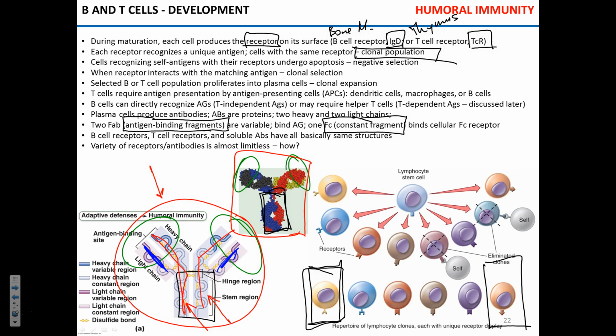This is going to be another clonal population. Do I make sense? Okay? So each of these bottom cells is going to be a clonal population. Does it make sense?